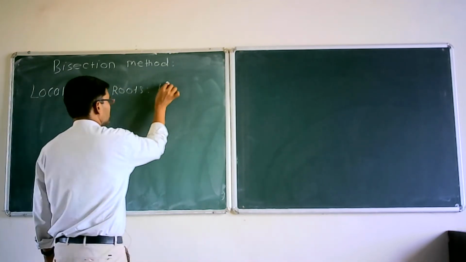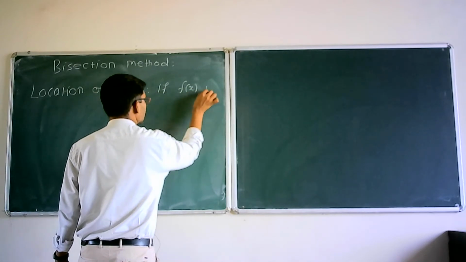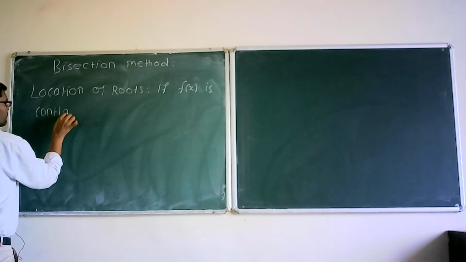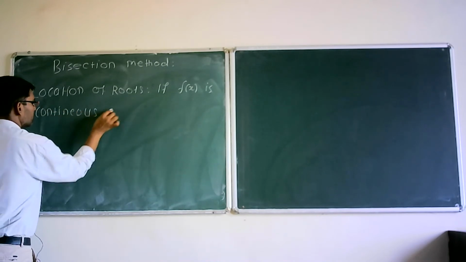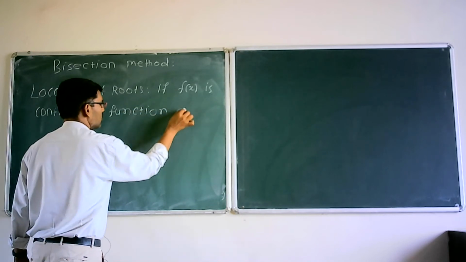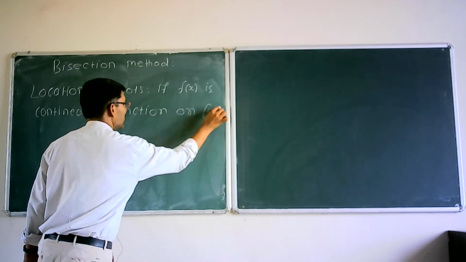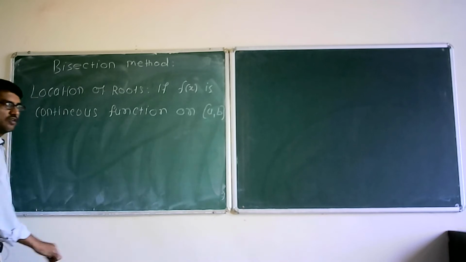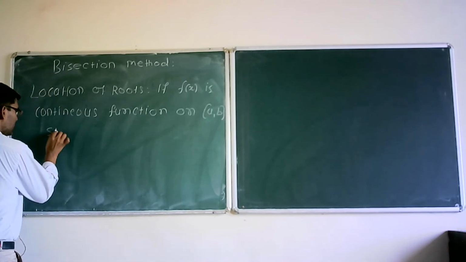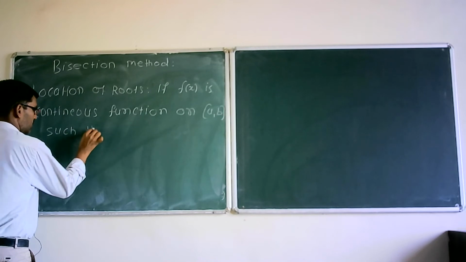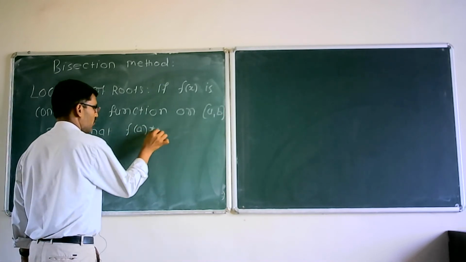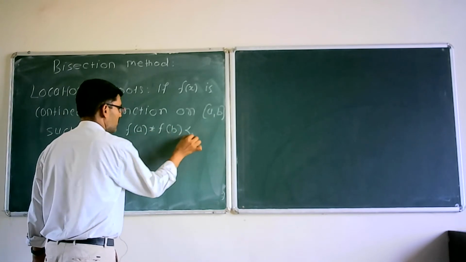If f of x is a continuous function on closed interval AB such that f of A into f of B is less than 0, means what?